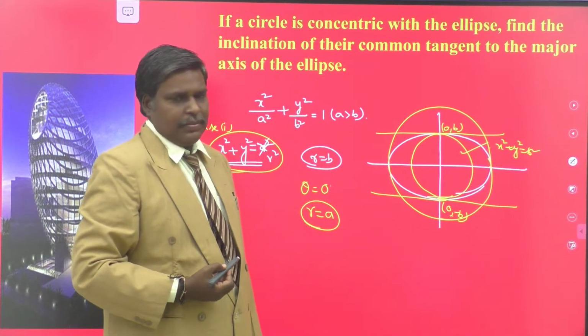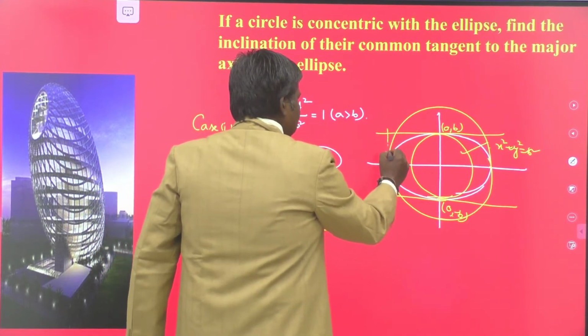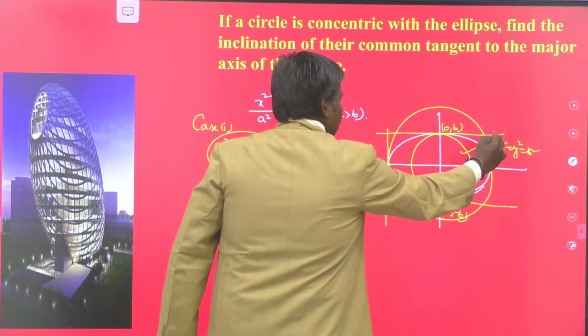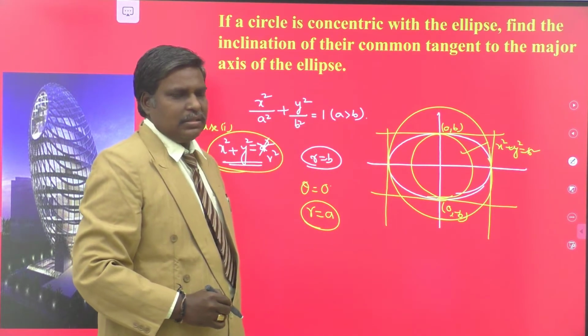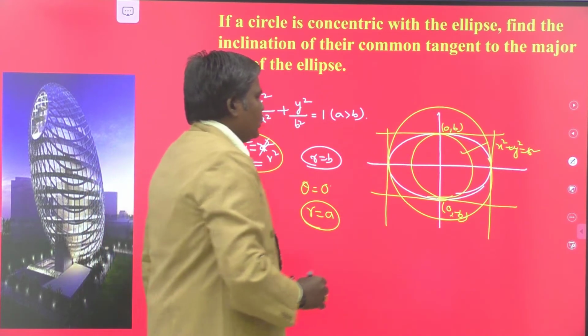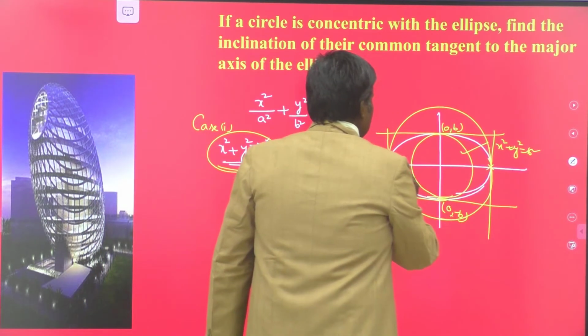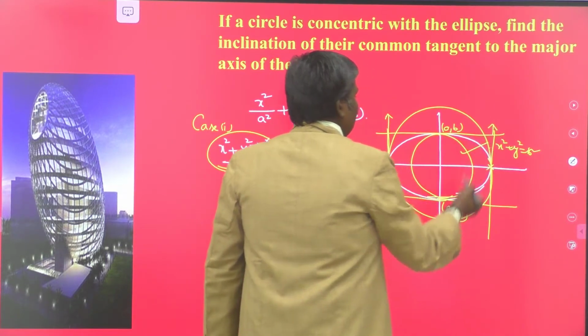This is your circle. This is the ellipse. What are their common tangents? The common tangents as shown in this figure, like this. These are two vertical lines. That means tangents at vertex. This is one of the vertex. This is the another vertex. These are the tangents at vertices of your ellipse.